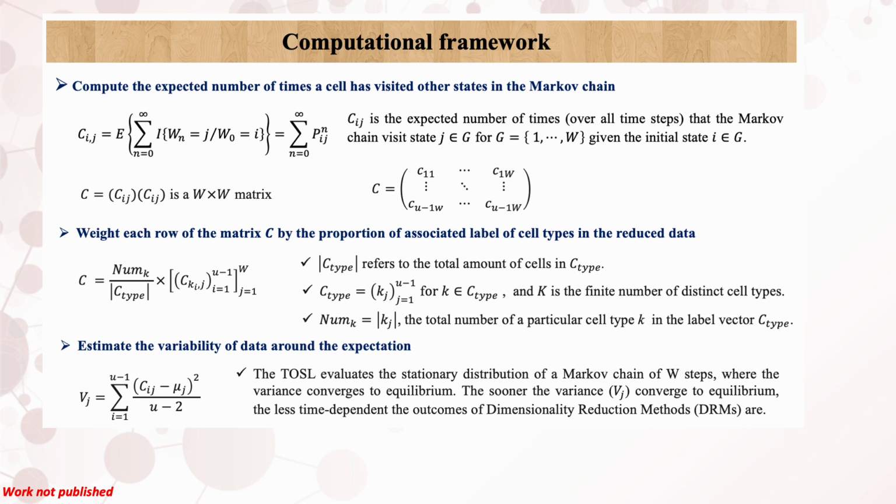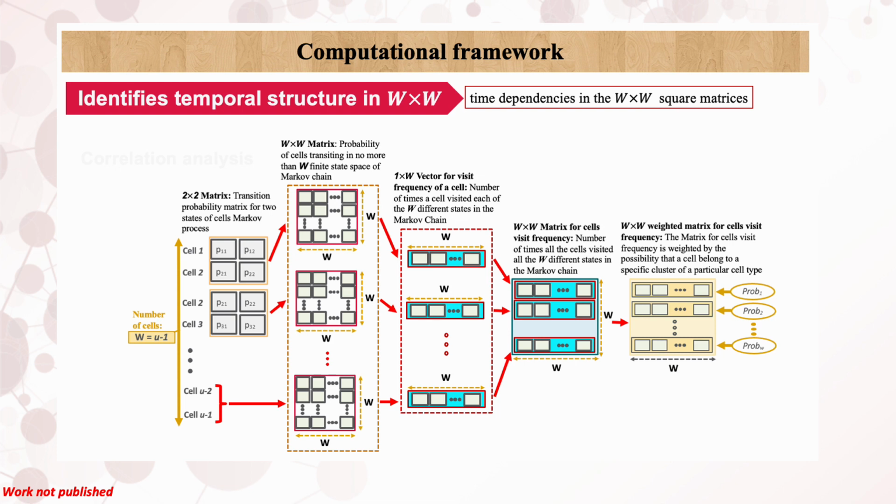And finally, we calculated the column mean of the W×W square matrix and returned it in a row vector of length W. We use the mean to estimate the expected variance that describes the amount of variability of data around the expectation. This figure summarizes all the steps of our computational framework, from the partition of the reduced data to the weighting of each row of the W×W square matrix.